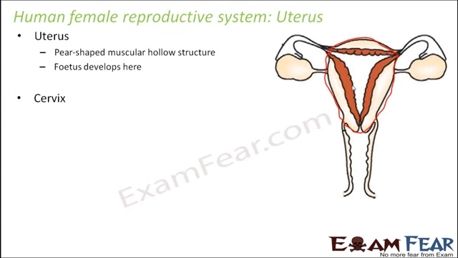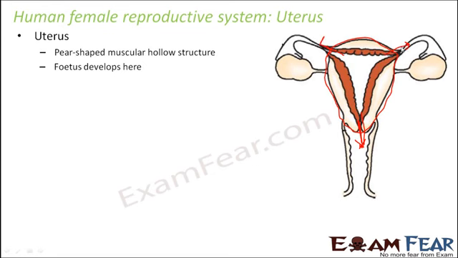Now if you talk about the structure of the uterus, it is supported by ligaments attached to the pelvic wall. These ligaments make up the backbone of the uterus, and one end of the uterus is towards the vagina, whereas the other end is towards the fallopian tube.